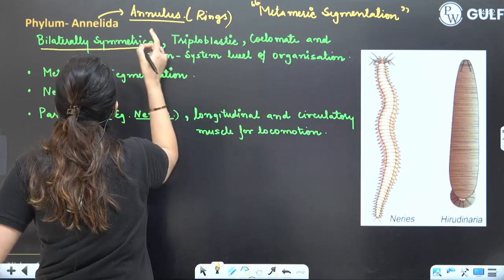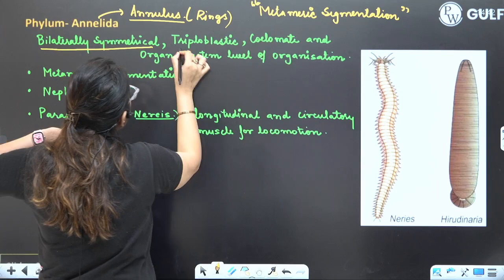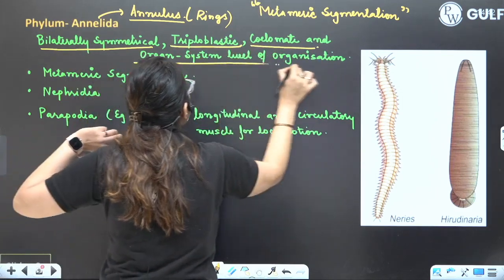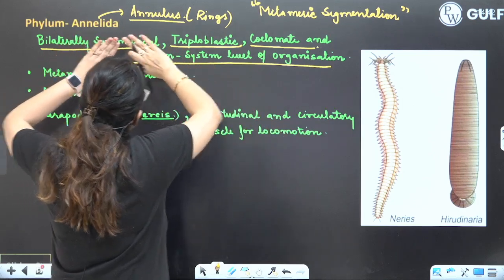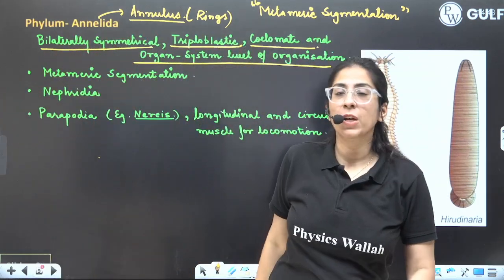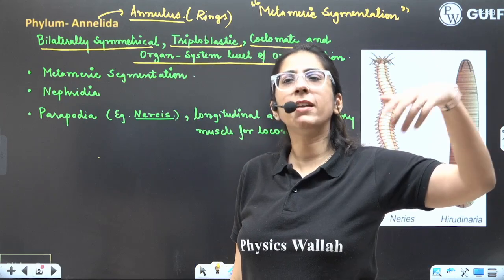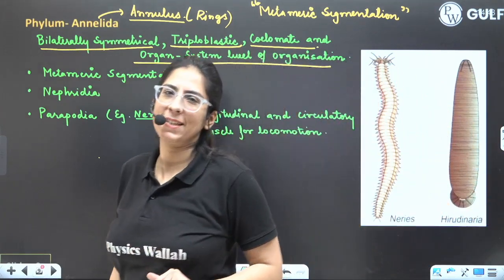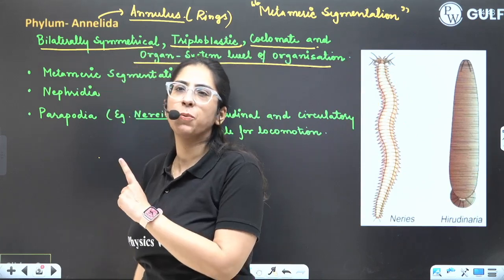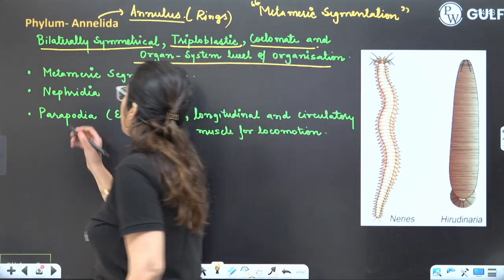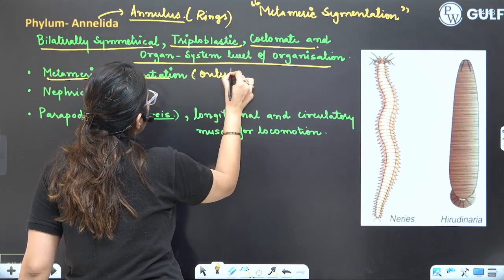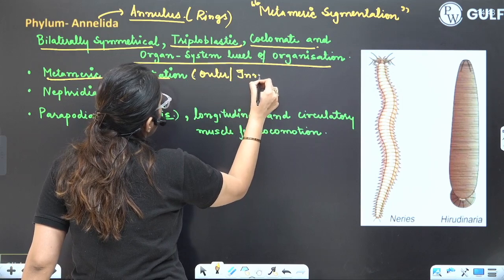Bilaterally symmetrical like Platyhelminthes and Aschelminthes. Triploblastic, they are coelomate, organ system level of organization. Now these features will remain the same from now onwards, though definitely we'll have some exceptions also like echinoderms, so there we will be discussing. Metameric segmentation means outer as well as inner, both.